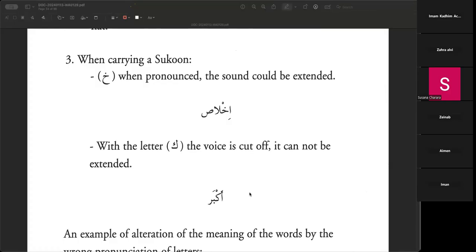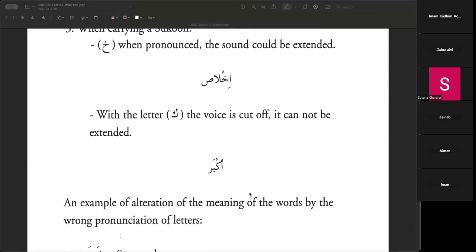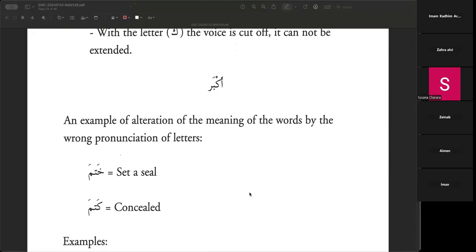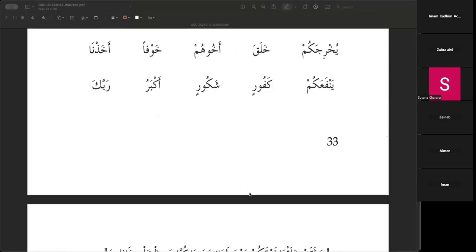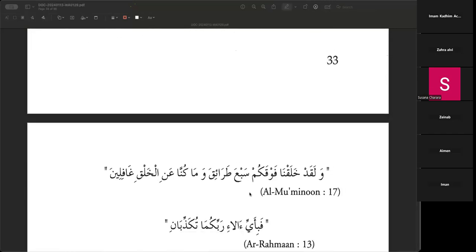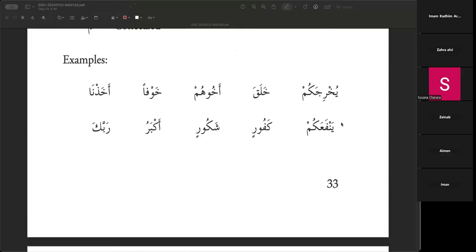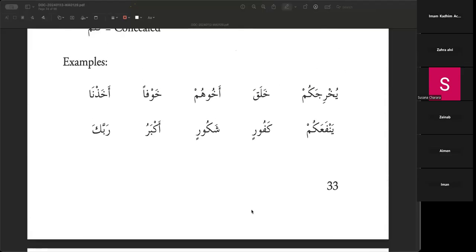But in kaf, the voice is cut off when it carries a sukun. Akbar, akbar. I cannot really stretch the sound of the kaf. So khatama would mean set a seal. Katama would mean concealed.